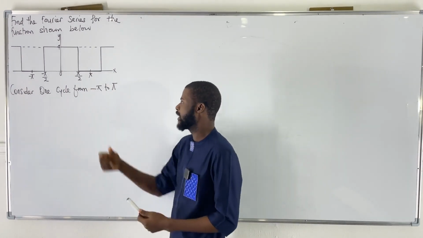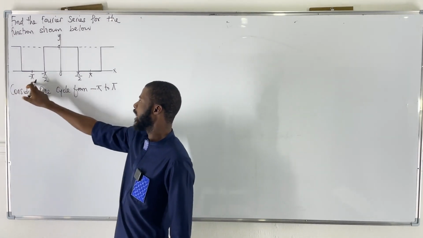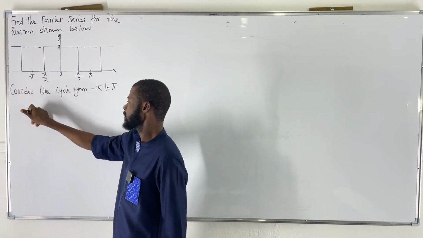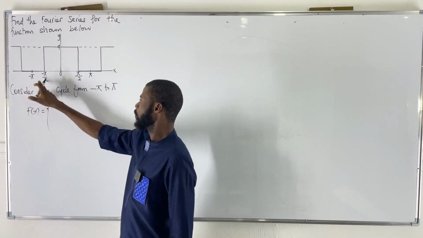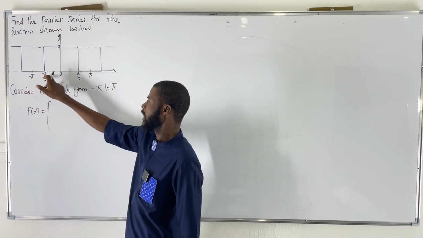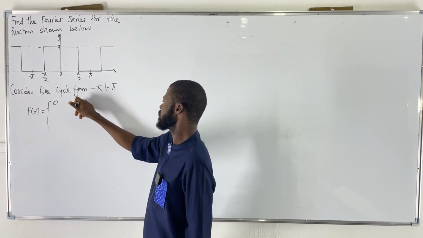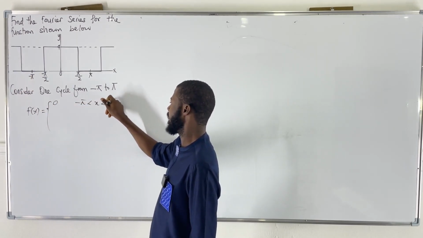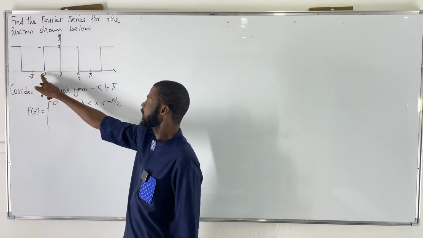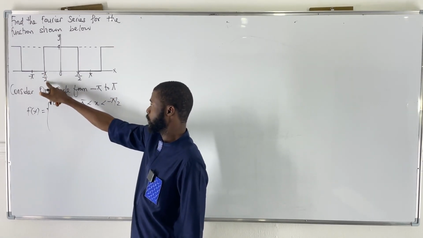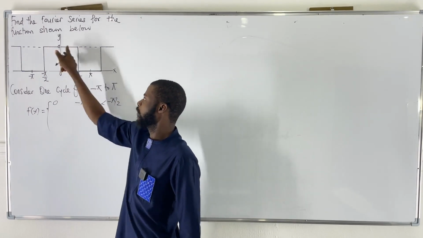But let's describe this from minus pi. So from minus pi, we have f of x equal, so from minus pi to minus pi over 2, it was 0. It was flat. So it was 0 for minus pi less than x less than minus pi over 2. Then from minus pi over 2 to pi over 2, the value was 4.